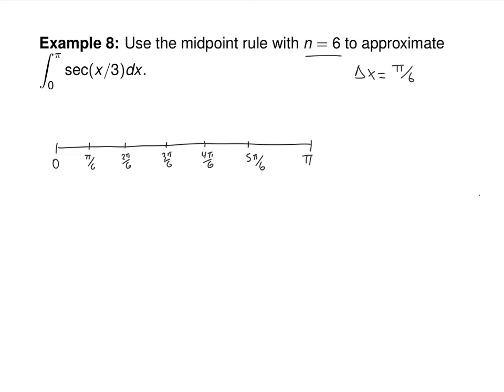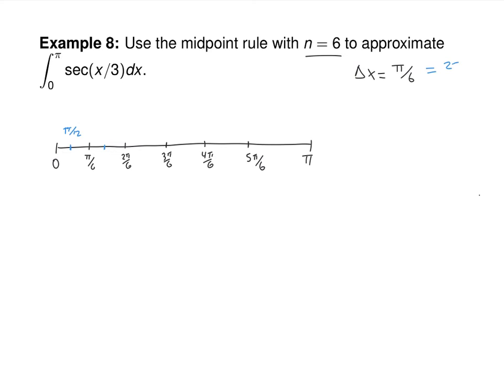So if you were doing the left sum, what numbers get plugged into your function? For the right sum, you'd plug in pi over 6 through pi, right? How about for the middle points? What's halfway to pi over 6? Pi over 12, yep. And this will be pi over 12 plus pi over 6.